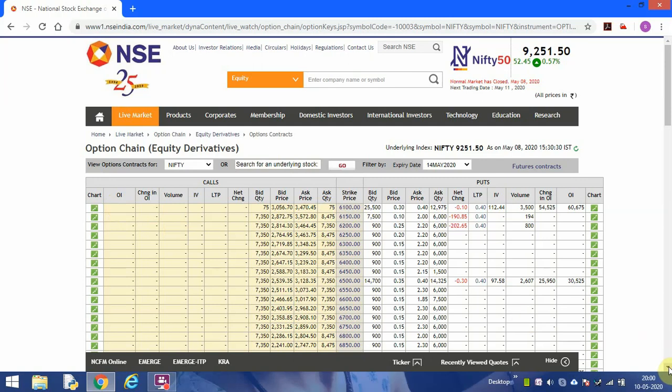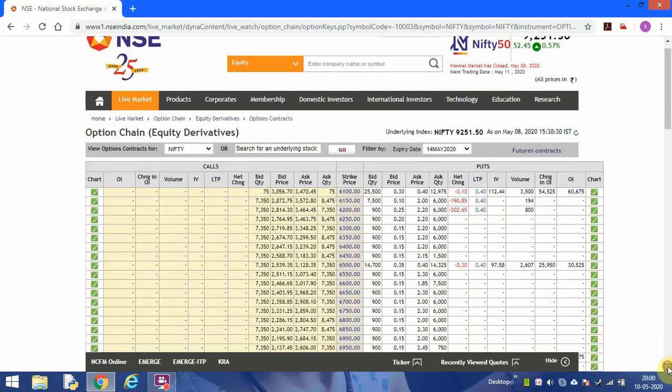We are aware Nifty on this weekend closed at 9,251 level.